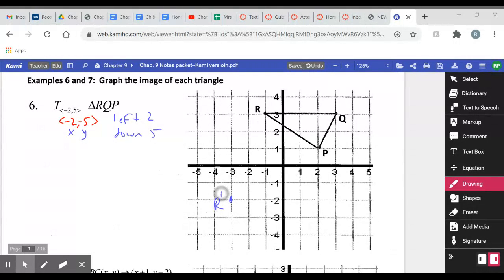Go R prime. And then Q, left 2, down 5. 1, 2, 3, 4, 5. And there's my Q prime. And my P, left 2, down 5. 1, 2, 3, 4, 5. Okay, so there's my new triangle.